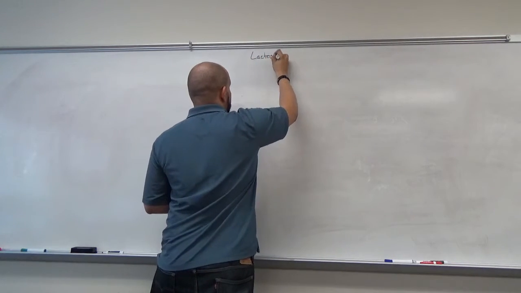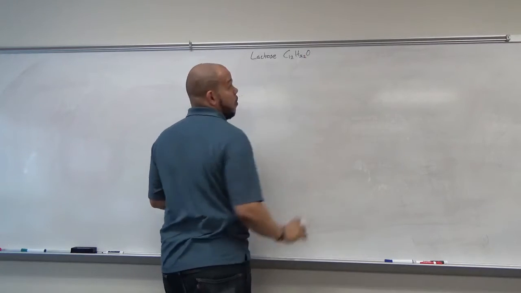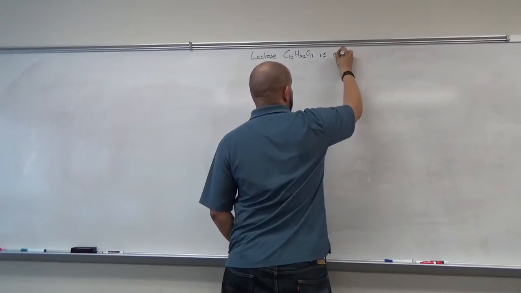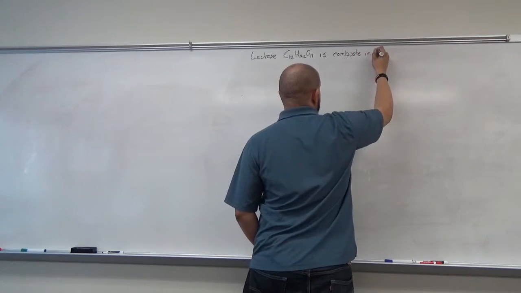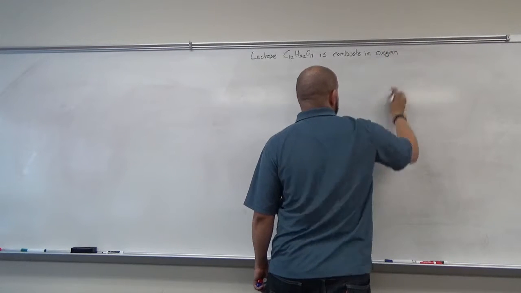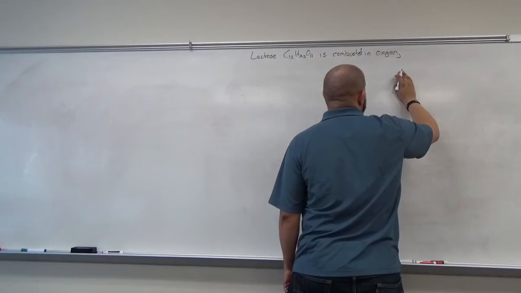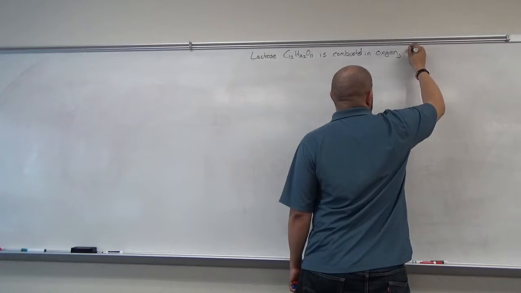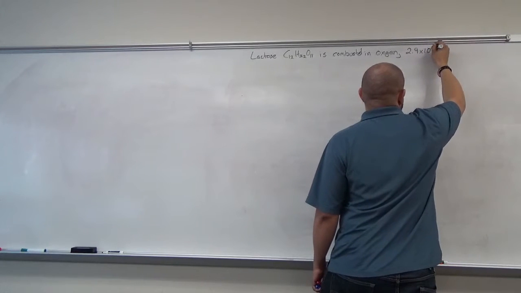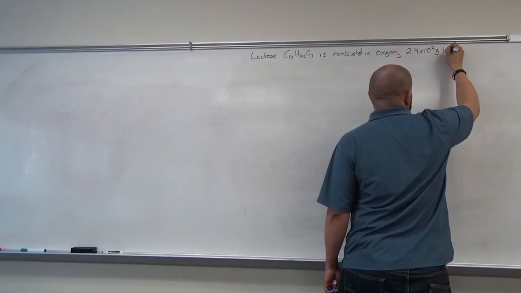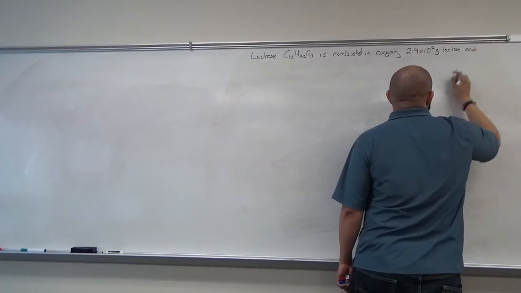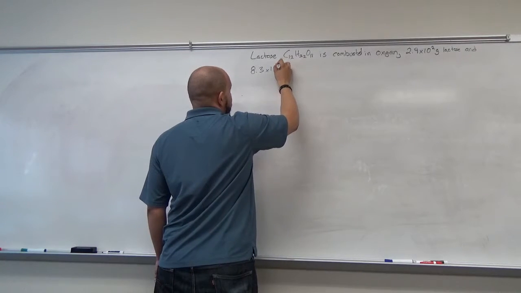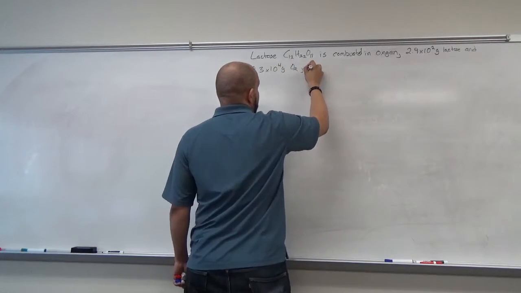Lactose is combusted in oxygen. 1.9 times 10 to the 2 grams of lactose and 8.3 times 10 to the 4 grams of O2 reacted.